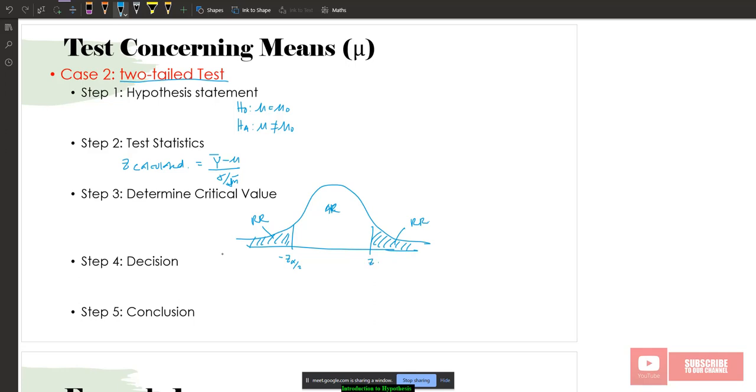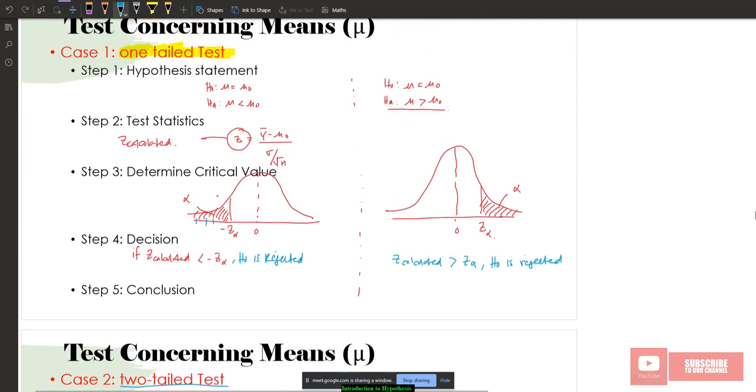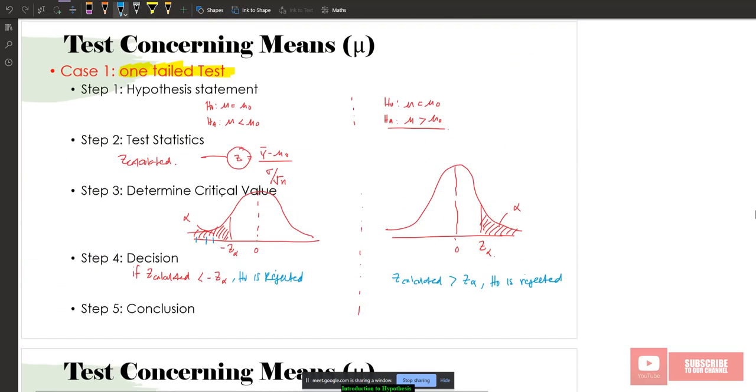This is the difference from the one-sided test. For a one-sided test, we don't need to divide, so it is the whole alpha, that's why Z alpha, negative Z alpha. This is Z alpha.